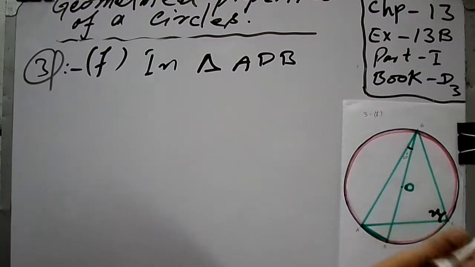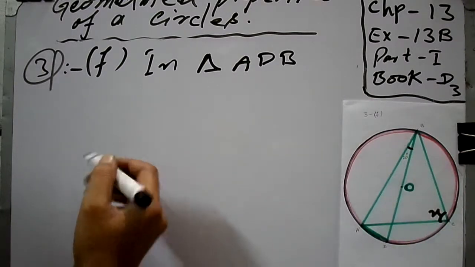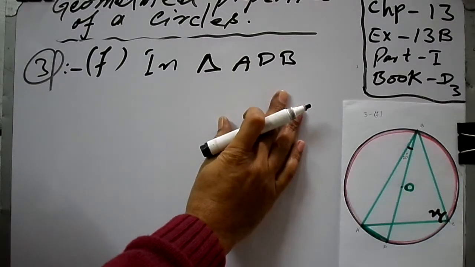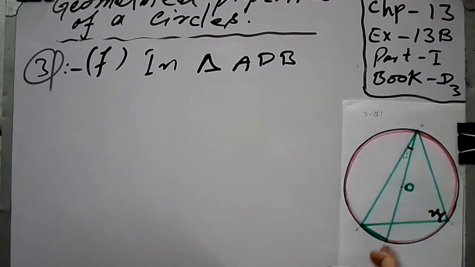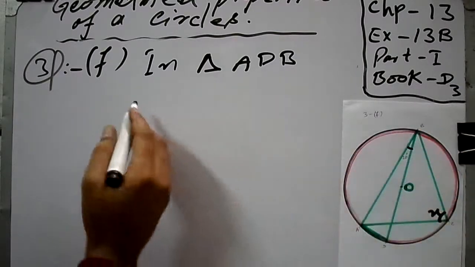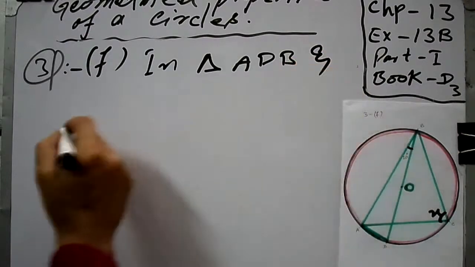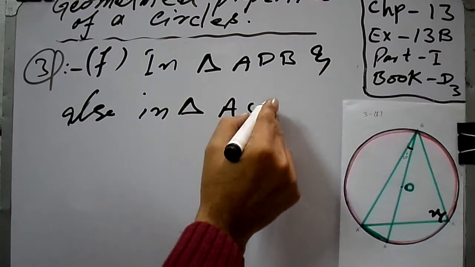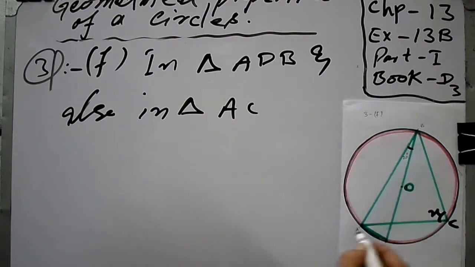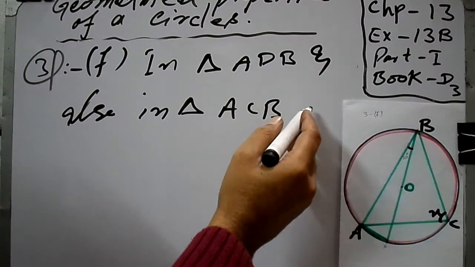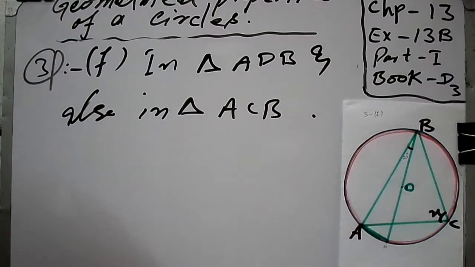Once again you can see we have to find the value of x. So it should be noted that in triangle ADB and triangle ACB, these two triangles, both the angles are congruent on this side.